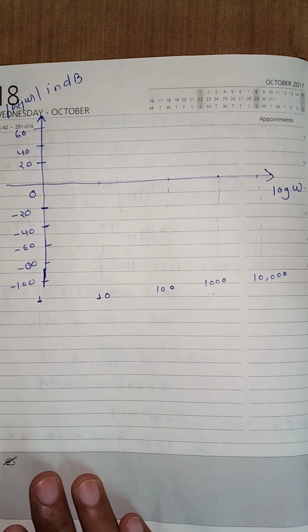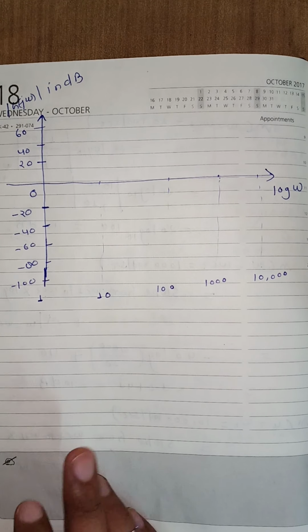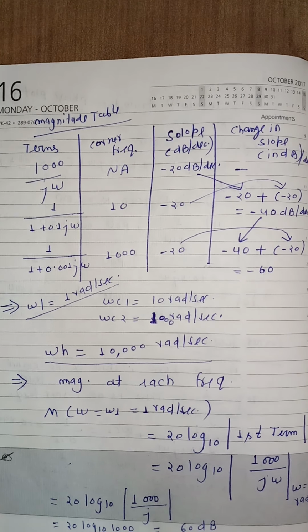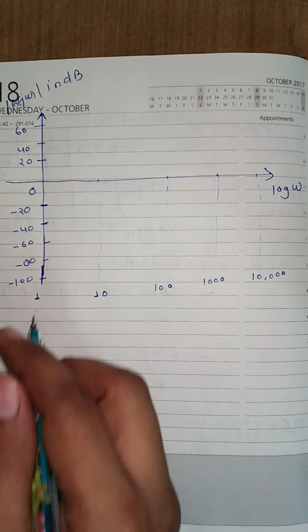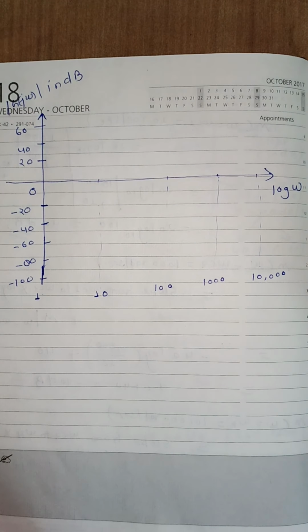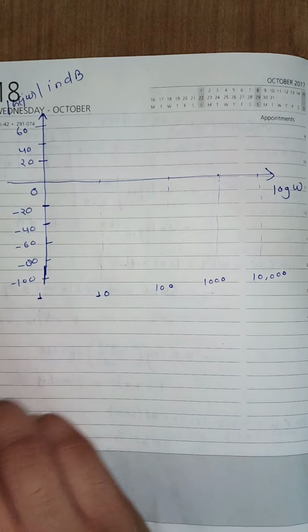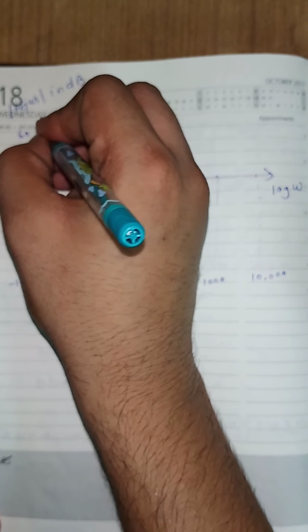Now let us see. For omega L, we have magnitude 60 dB. So mark the value of magnitude at omega L, meaning at 1 radian per second, it is 60 dB.